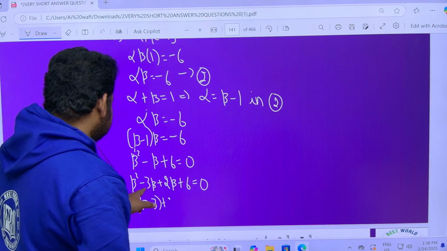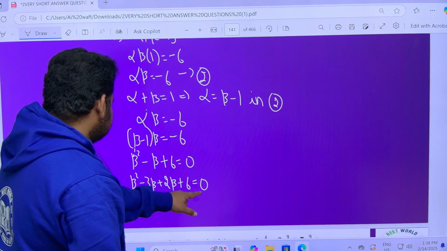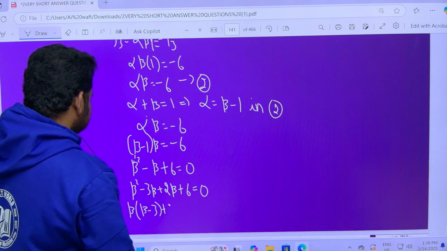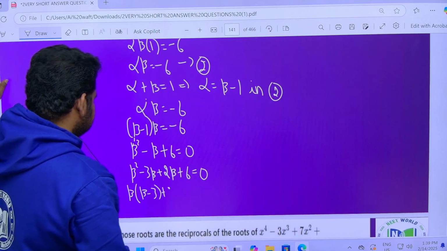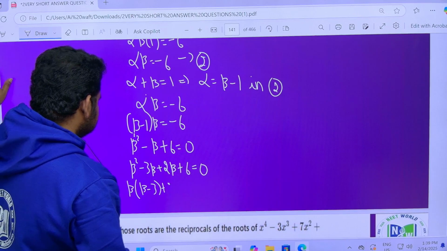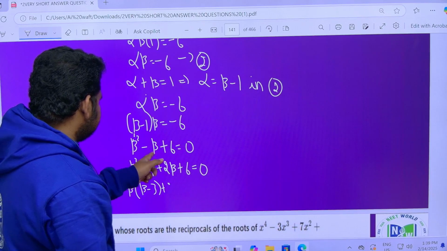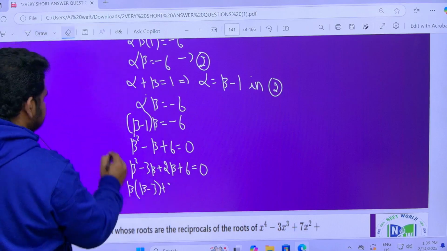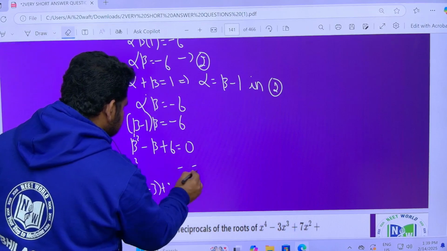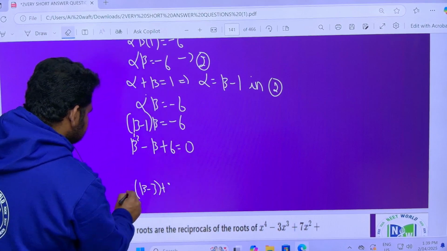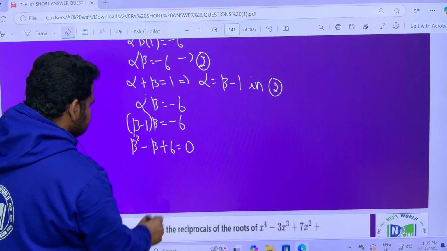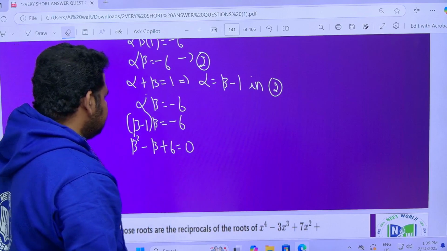Beta minus 3 beta, it should be plus, right? Let us check once. 2 3s are 6. Beta square minus beta plus 6. Some mistake is here.